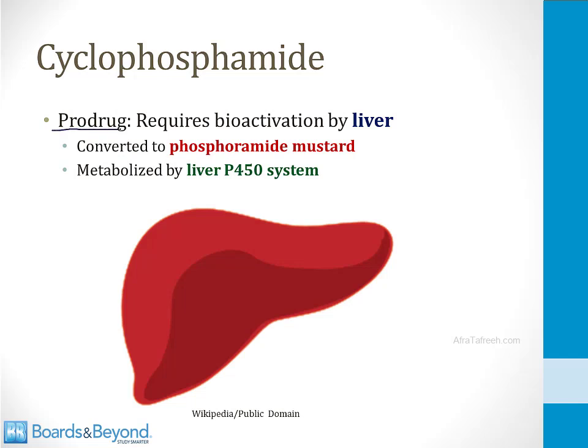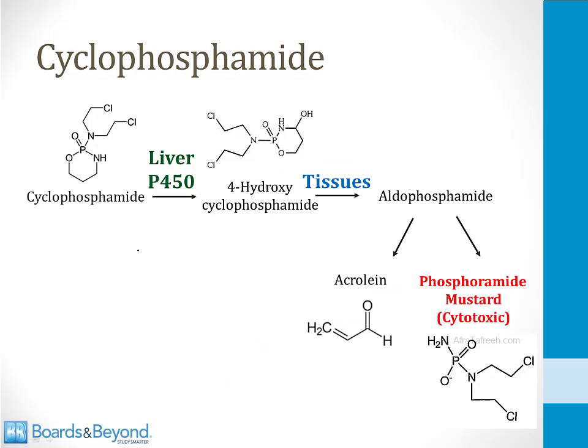Cyclophosphamide is a prodrug. It must be bioactivated by the liver. It is converted into a molecule called phosphoramide mustard, and importantly, it's metabolized by the liver P450 system, so co-administering cyclophosphamide with other drugs that affect the P450 system can be dangerous. Shown on the screen is the metabolic pathway by which cyclophosphamide becomes active.